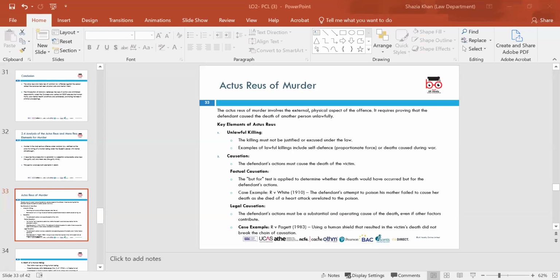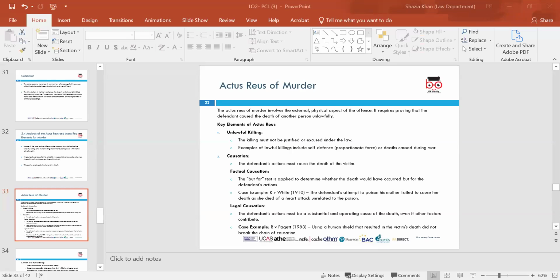So what's the actus reus of murder? The key elements are the unlawful killing, causation, factual causation, which is the case of R v White 1910, and legal causation as well. You've got to look at those elements when you look at murder.